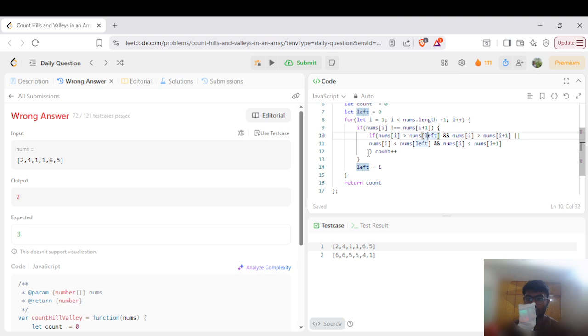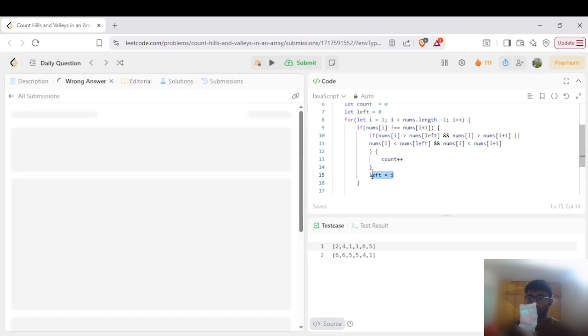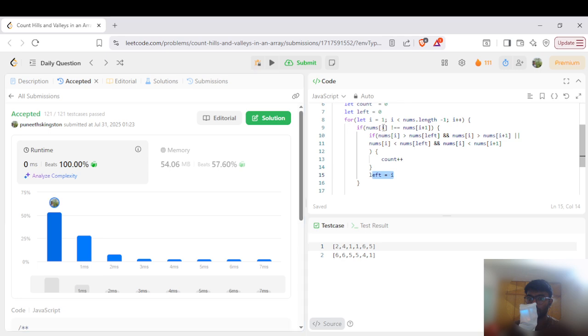I see this logical error where we are changing the left pointer to the current index only if there are two consecutive values that are not equal, right? So that's when we are changing it.